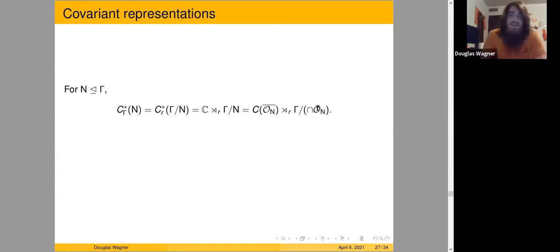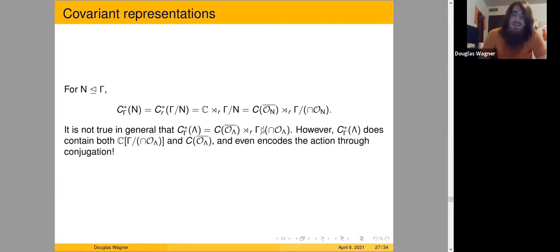It's a technicality that we can ignore in practice. But we have that the C-star algebra of the orbit closure of a normal subgroup is just a cross product of the continuous functions on its orbit closure. And in the general case, this isn't true. In fact, I showed that outside of the normal case, it can never be true.